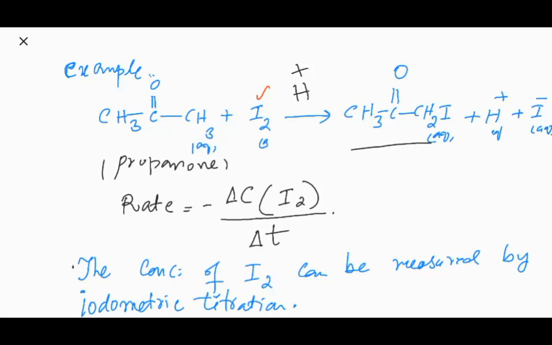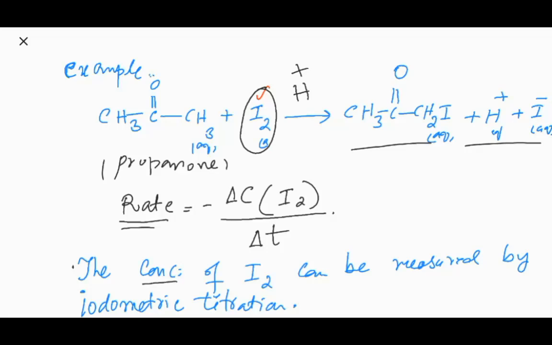As a result, you will get different products. In this reaction, one of the reactants is iodine. So we can calculate the rate of this reaction by measuring the decrease in the concentration of iodine divided by the total time taken. Now, how would we measure the concentration of iodine at different time intervals?